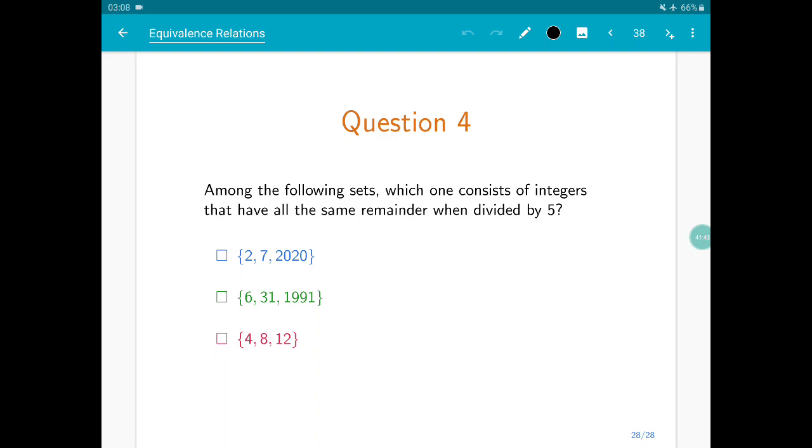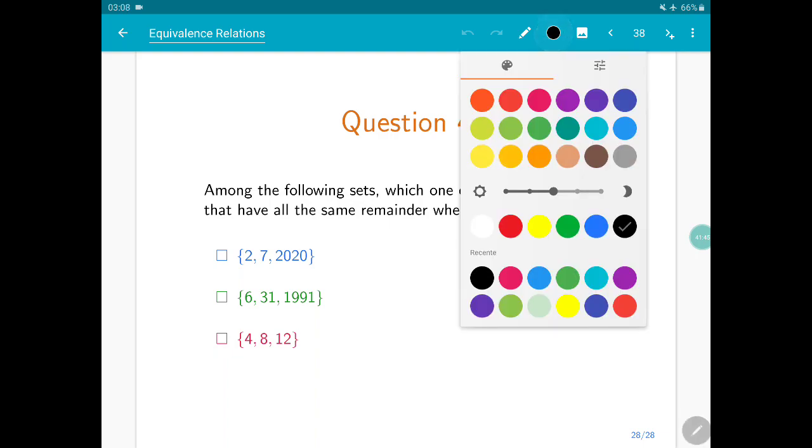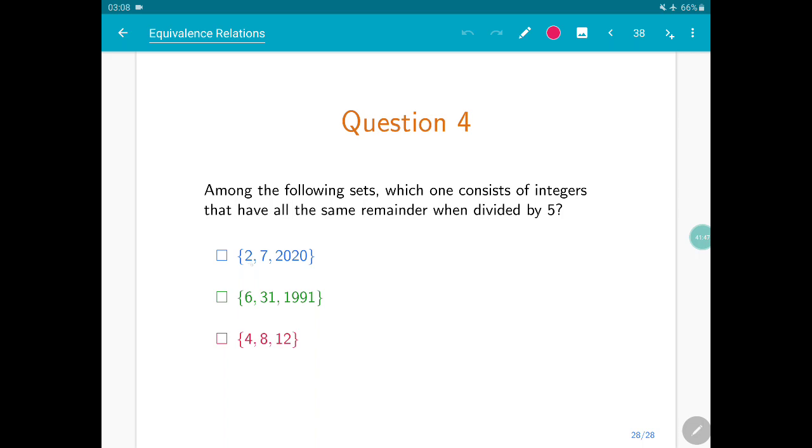Well, let's say in the first one, it is true that 2 and 7 have the same remainder, because 2 is 0 times 5 plus 2 and 7 is 5 times 1 plus 2. So here the remainder is equal to 2. But for 2020, well, 5 divides 2020. So this means that the remainder here is 0. So these three do not have the same remainder.